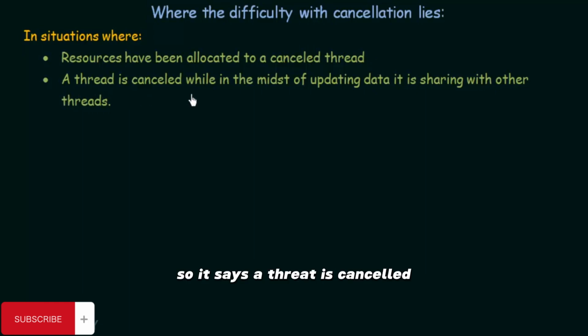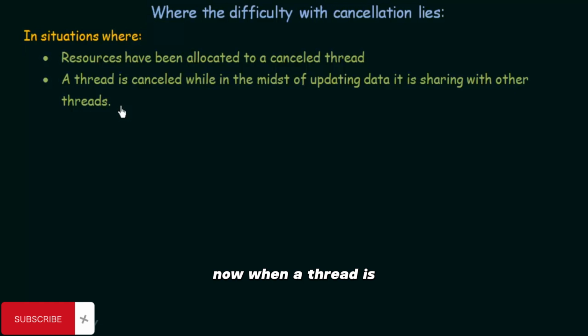So it says a thread is canceled while in the midst of updating data it is sharing with other threads. So this is a serious problem. There may be data that is shared between different threads, so different threads can be writing or updating into that shared region of data.